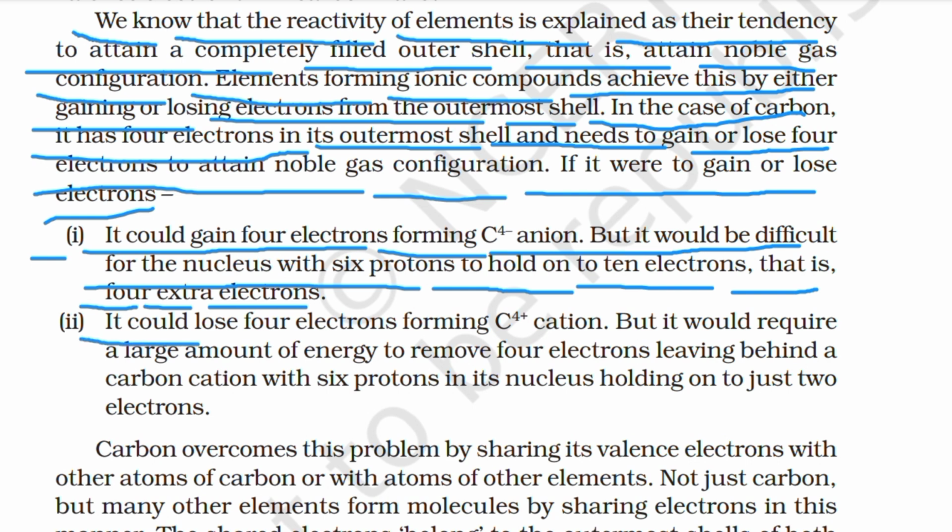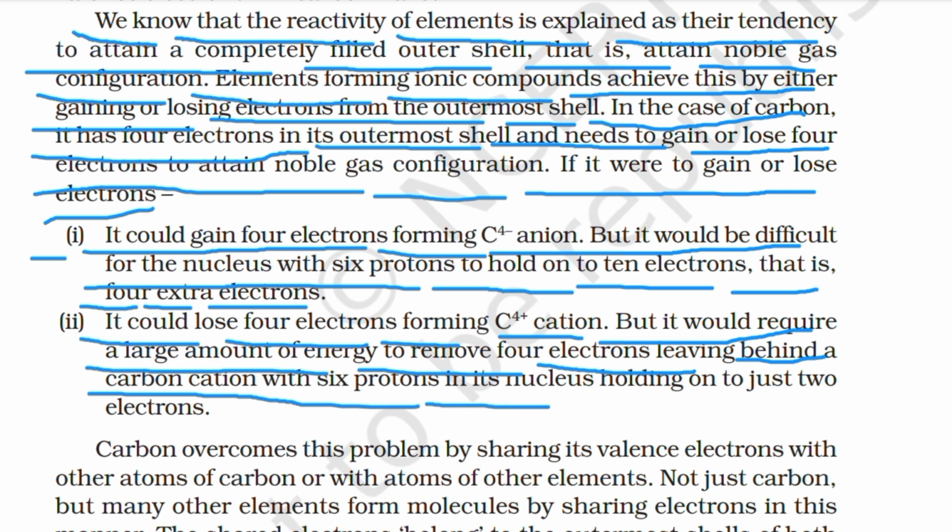It could lose 4 electrons forming C4+ cation, but it would require a large amount of energy to remove 4 electrons, leaving behind a carbon cation with 6 protons in its nucleus holding on to just 2 electrons.